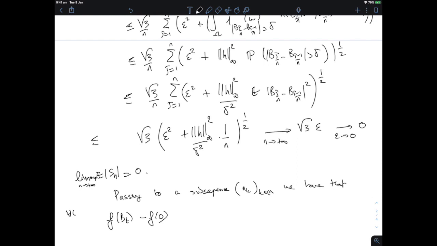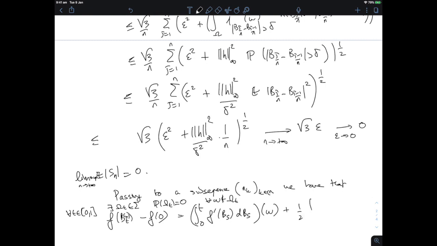So for every t in [0,1], there exists a set omega_t in sigma that has probability 0, such that for every omega not in omega_t, f(B_t(omega)) minus f(0) is equal to the integral from 0 to t of f'(B_s) dB_s, which gives me a random variable at omega, plus 1/2 of the integral from 0 to t of f''(B_s(omega)) ds.